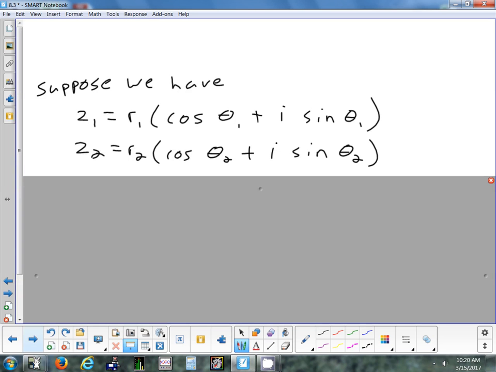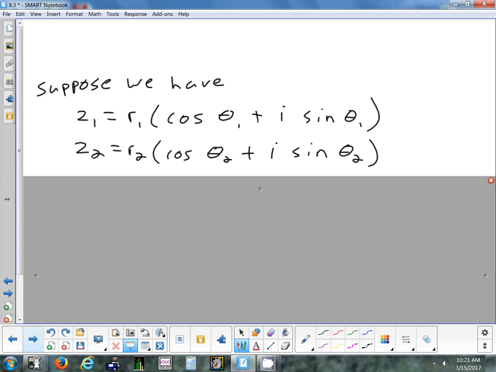All right, so let's suppose we have two complex numbers. I'm just going to call them Z1 and Z2. And each complex number has its own radius. They could be different, they could be the same, doesn't matter. But the first radius is R1, the second radius is R2. And each complex number has its own angle. Z1 has an angle of theta 1.